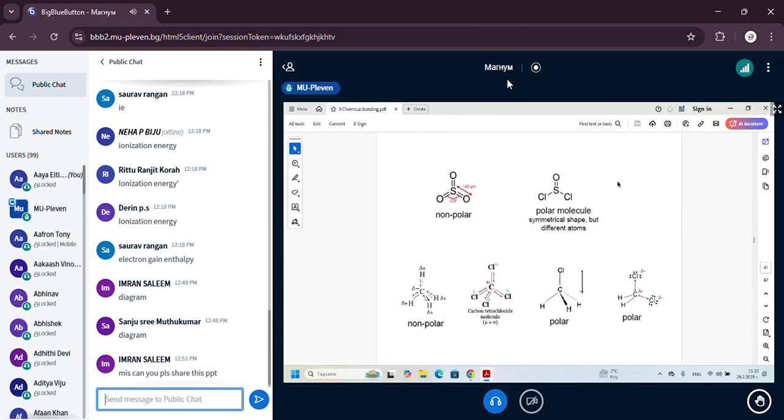But in case these atoms are different, in case we have again symmetrical shape but different atoms, this means that in such a case the molecule will be polar. Non-polar molecules we already discussed are methane and carbon tetrachloride. But if we replace one or more atoms here with other atoms, we obtain polar molecules.